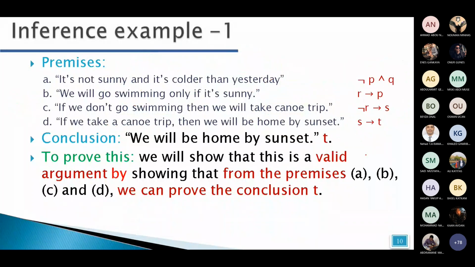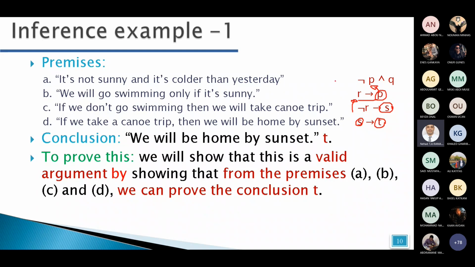Let's plan our answer first. We need T. To get T, we have to get S alone. We can get S from here. To get it from here, we have to get R, and to get R from here, we have to use this one.